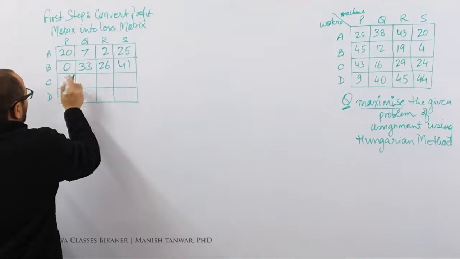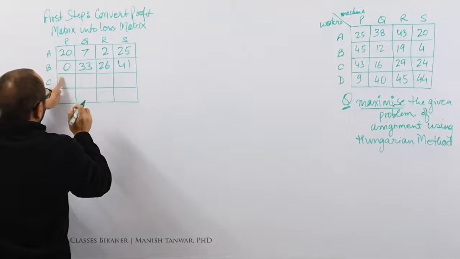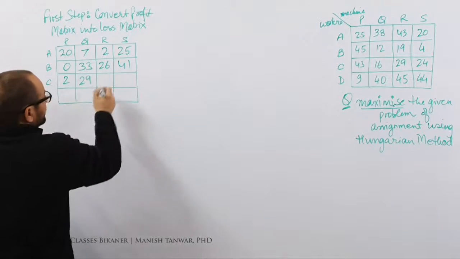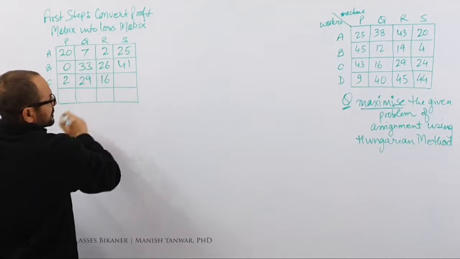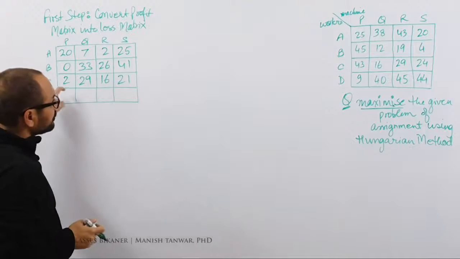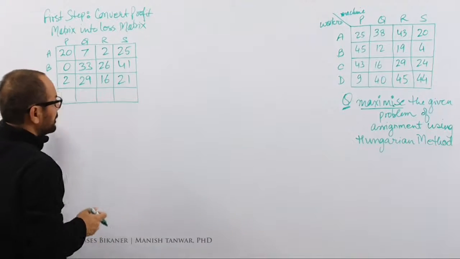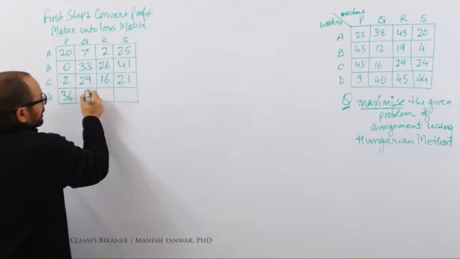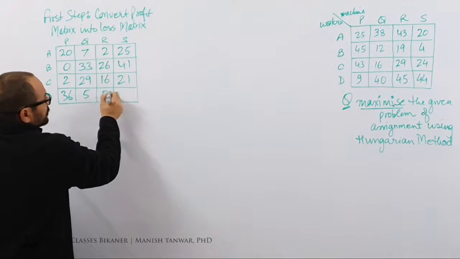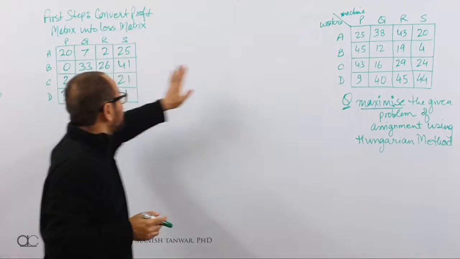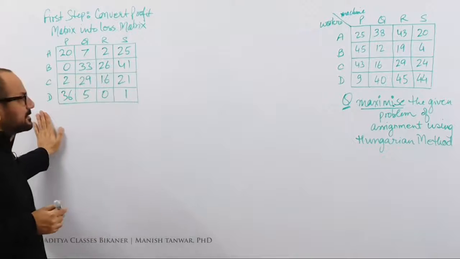Then we have 2, 29, 16, 21. Then we have 9, making it 36, 5, 0 and 1. I have converted my profit matrix into a loss matrix.